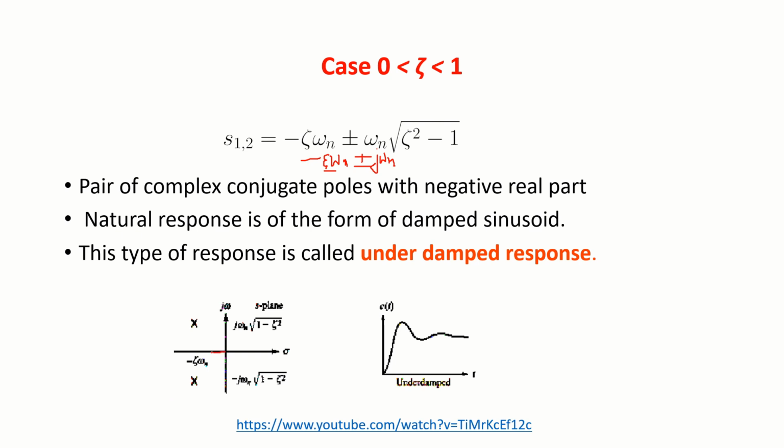This is the real part, zeta omega n, and this is the imaginary part, j omega n under root 1 minus zeta square, because zeta is less than 1.